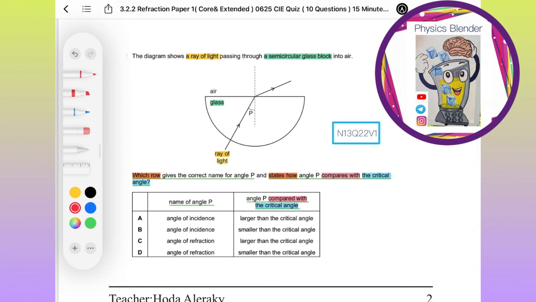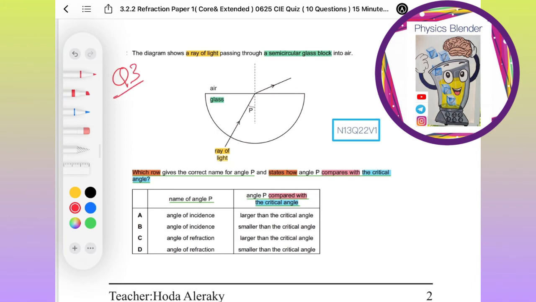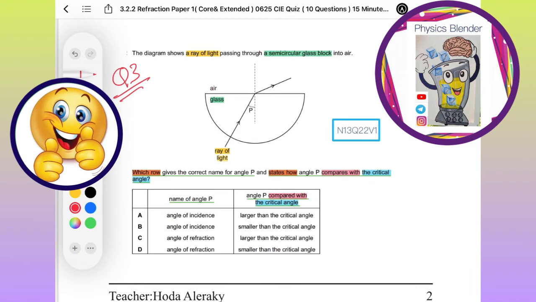We have question 3. The diagram shows a ray of light passing through a semicircular glass block. Here we will discuss an important point: when the light ray travels from air to the semicircular glass block, at this point it will continue in the same line without any bending, although it travels from air to glass.